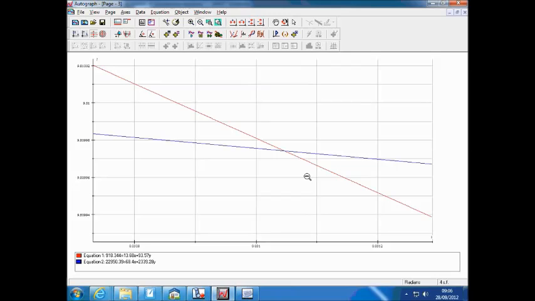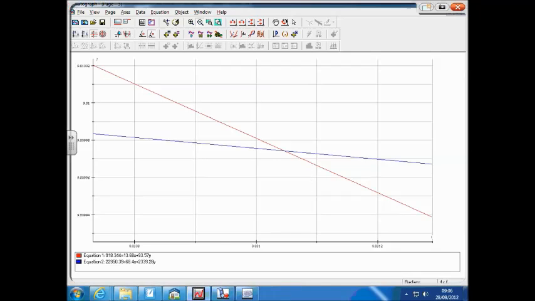Now we can come up with some values for X and Y. So if we arrow down and arrow across, we can come up with values for X and Y. I probably zoomed in a bit far. 9.81 and 0.03 will probably do us for values for X and Y.